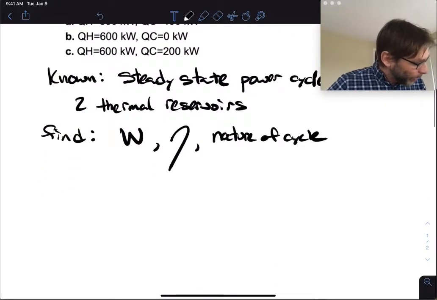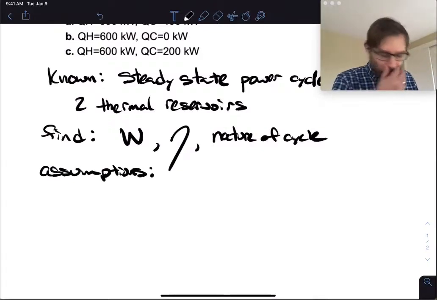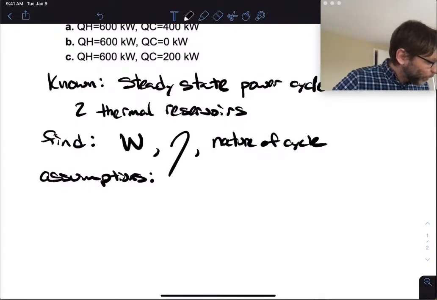And the assumptions. The assumptions are that we have a steady state cycle.